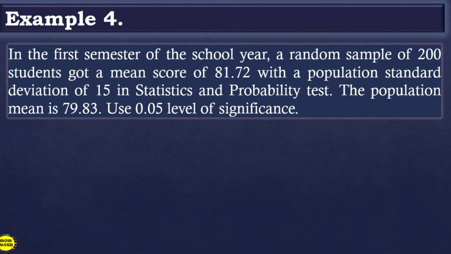Another example, in the first semester of the school year, a random sample of 200 students get a mean score of 81.72 with a population standard deviation of 15 in statistics and probability tests. The population mean is 79.83, use 0.05 level of significance. Kagaya ng ginawa natin kanina, sulat muna natin yung mga given data.